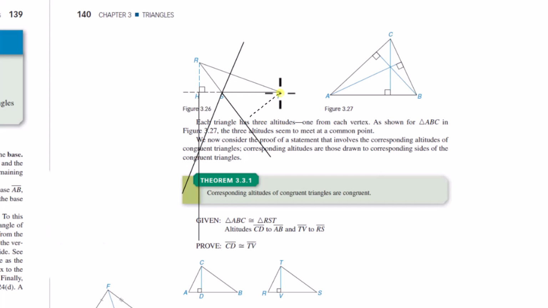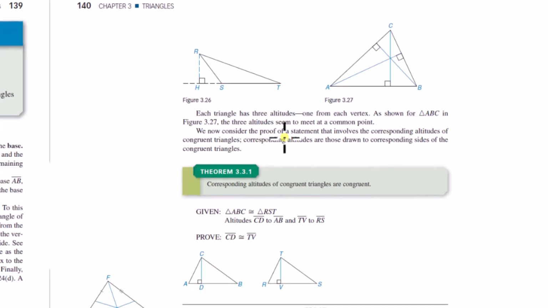So it's perpendicular here to this side. So yeah, it looks like they meet at a common point here as well. So maybe it is going to end up being the case. We'll be able to prove that all altitudes of any given triangle are going to meet at a common point. And same for the medians and the angle bisectors. But we'll see. We haven't stated anything official yet.